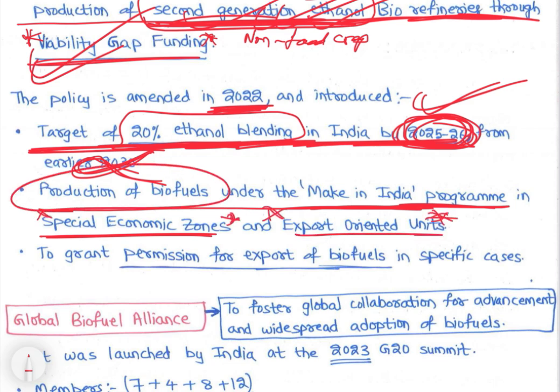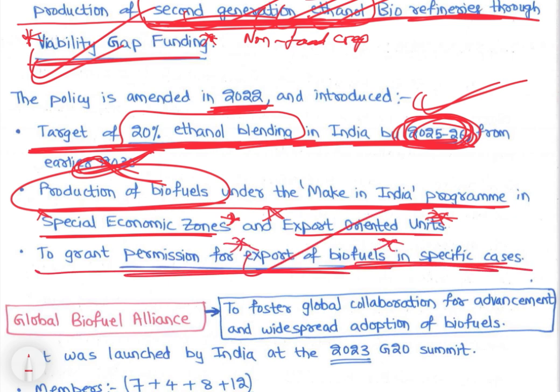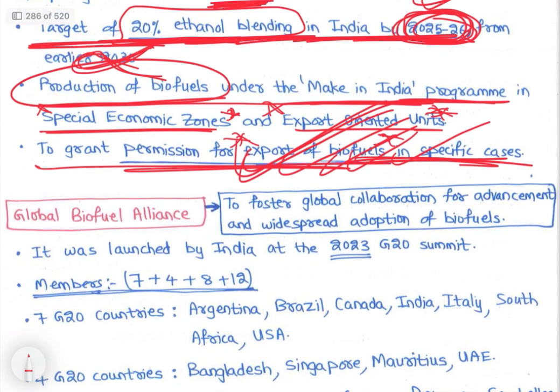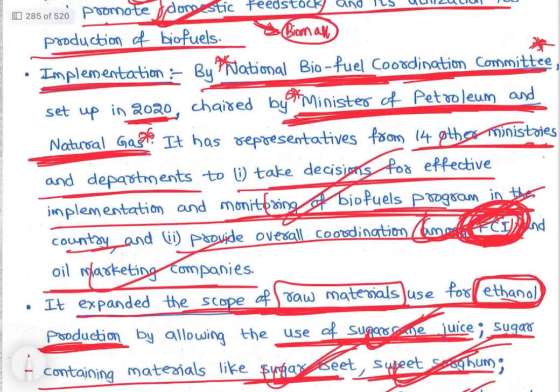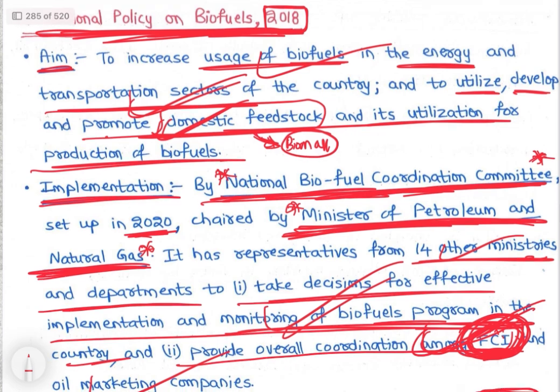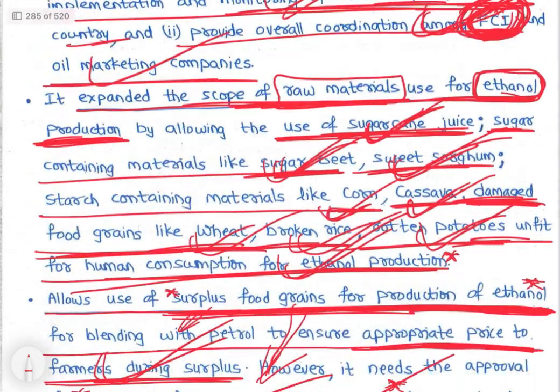Then to grant permission for export of biofuels in specific cases. So export of biofuels is also allowed under specific cases, right? So that is the thing. Now again very important, so you need to remember everything under national policy on biofuels, right?